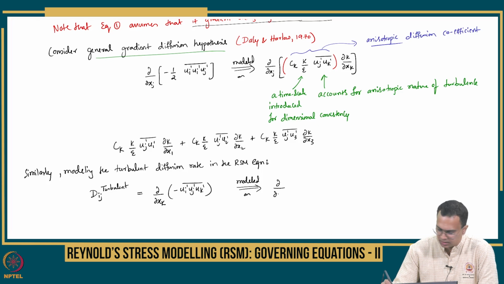I will have dou by dou xk, and then I would take Ck, the model constant, k by epsilon as the time scale, and then I will introduce the Reynolds stresses, uk prime um prime, followed by the Reynolds stresses ui prime uj prime averaged by dou xm.